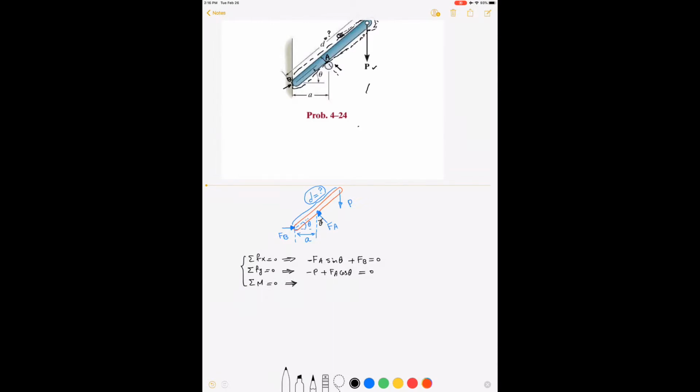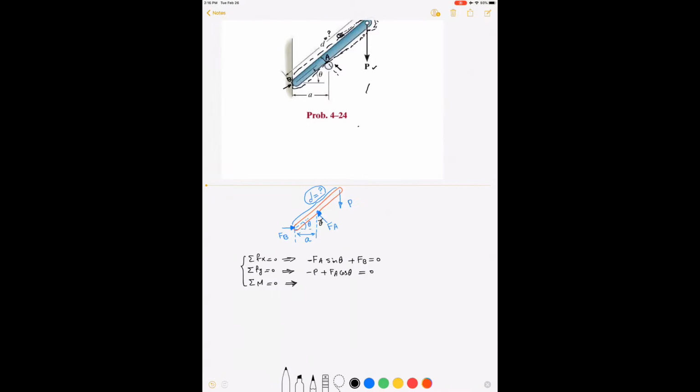What point should I choose as my moment reference, A or B? Obviously, the point that force P is acting on is not a good point, because we assume that P is given to us. So we're trying to find something, either A or B, right? So I can choose either one.